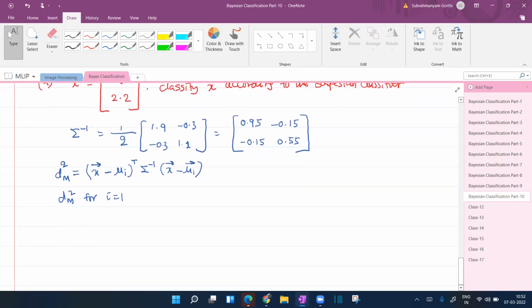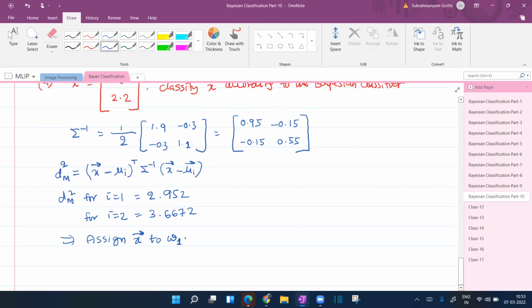For i equal to 1, you will get 2.952, and for i equal to 2, the second class, you would get 3.6672. That means assign x bar to the first class. That's it, assign x bar to omega 1. Very good. That's all.